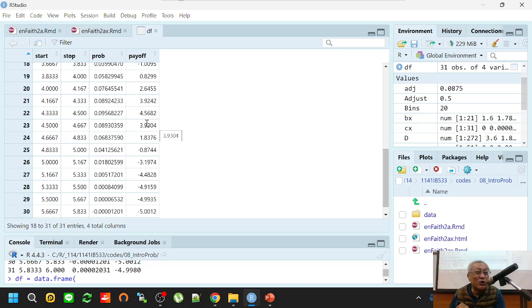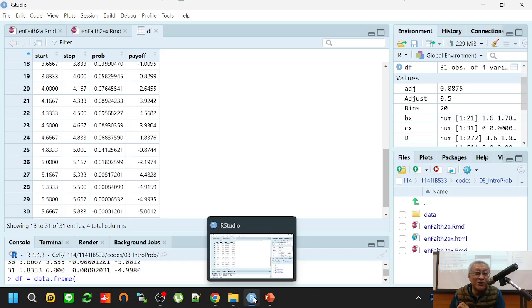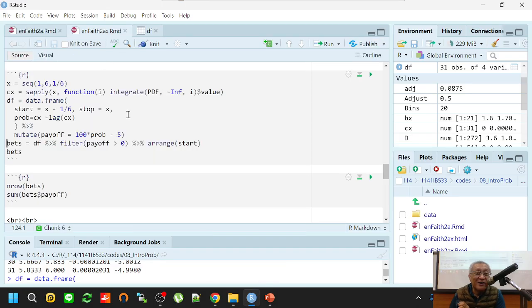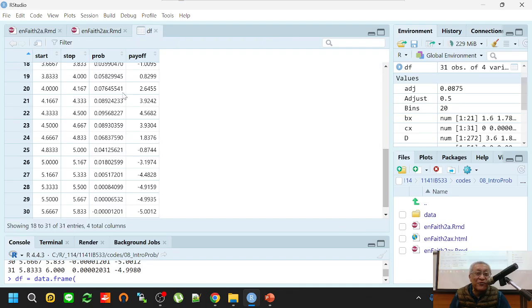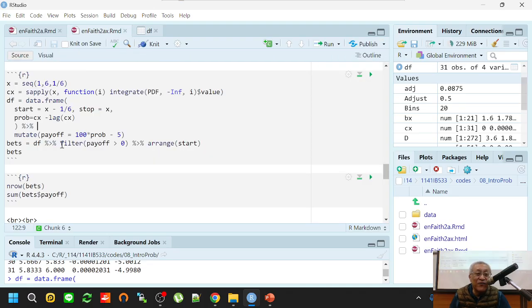So let's go back to the code. After I calculate this data frame, the next thing is I filter the payoff. I only want to bet on the periods whose expected payoff is larger than 0.